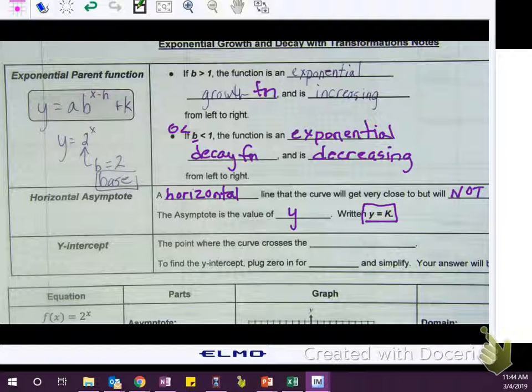So if your asymptote is at -3, you must write y equals -3. You may not just write -3. If you only write -3, it will be wrong and you will not get any partial credit. An asymptote is a line, so you must give the equation as a line.